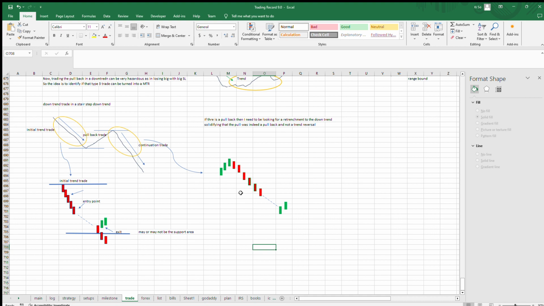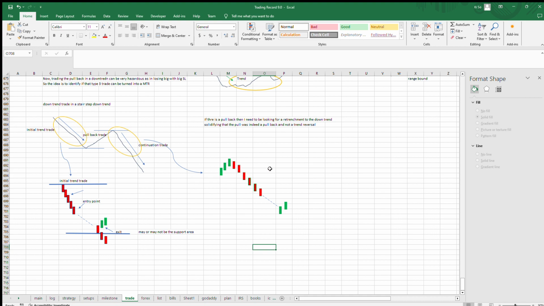So what I have to do is I'm looking for an entry. The entry, I certainly don't want to be entering here, because I'm not sure. Even if this red candle is there, I'm not sure either. I have to have substantiation that it is continuing, and therefore most likely the candidate to entry would be either the second or the third candle to solidify that it is in a downtrend here.